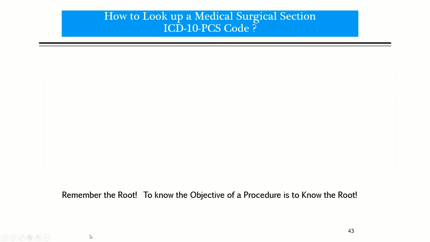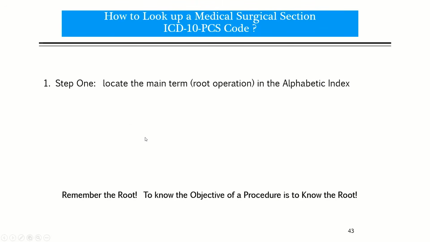Now, I like to start with this. Let's just outline the steps to looking up a medical surgical section PCS code. There are 4 steps. Step 1, locate the main term, that's your root operation, in the alphabetic index. Number 2, find the corresponding table.